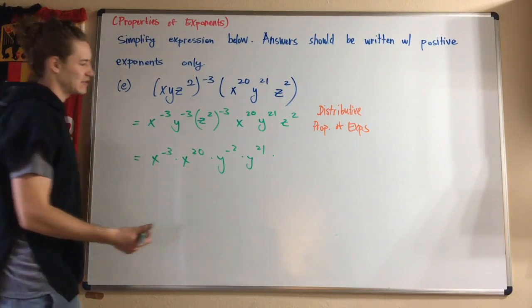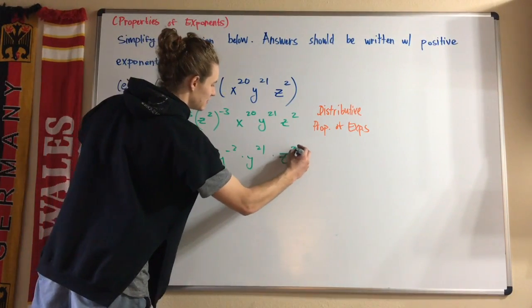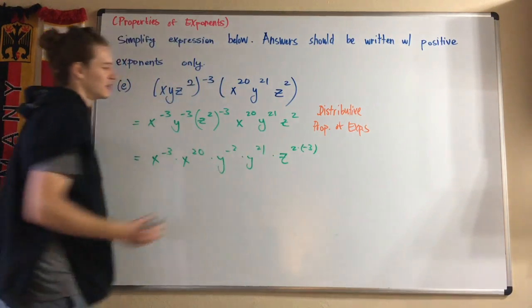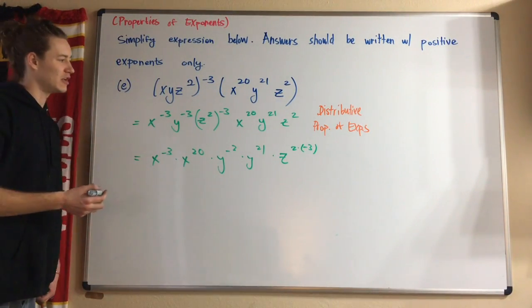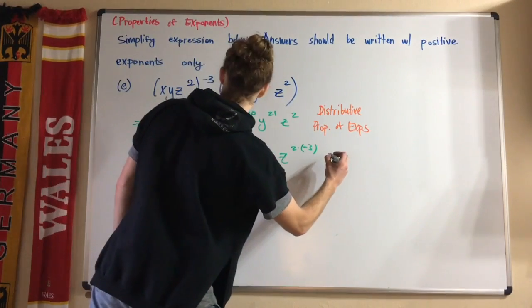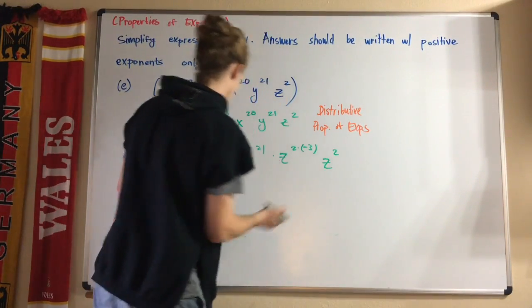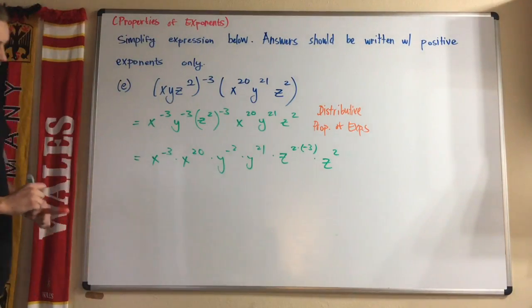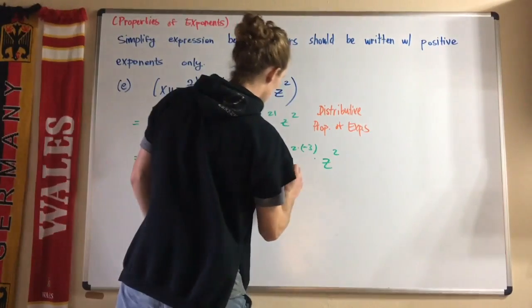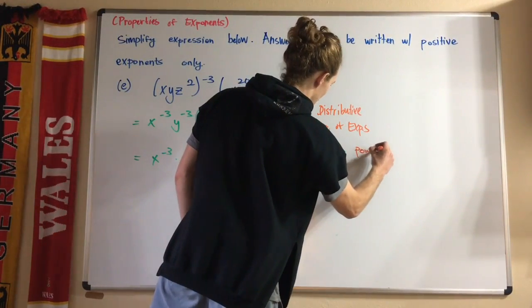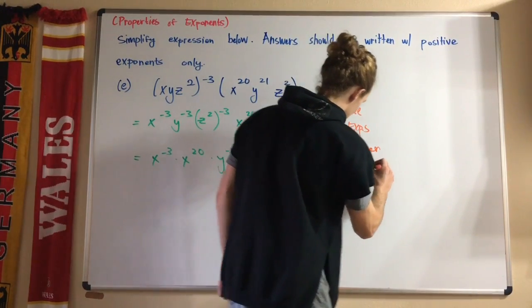What could I rewrite that as? I could rewrite that as z to the 2 times negative 3, using, again, the power property of exponents. And finally, I'll have this z squared that I haven't included yet. So what did I do there? I used the power property of exponents.